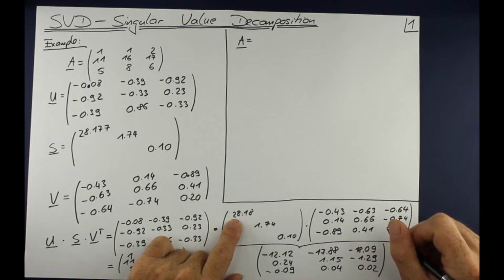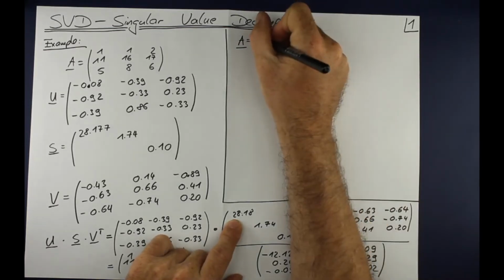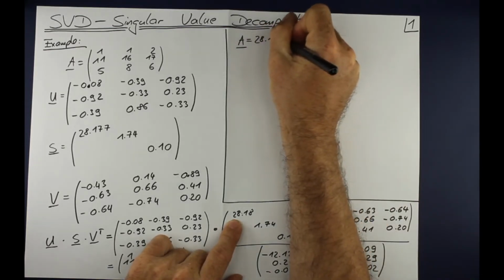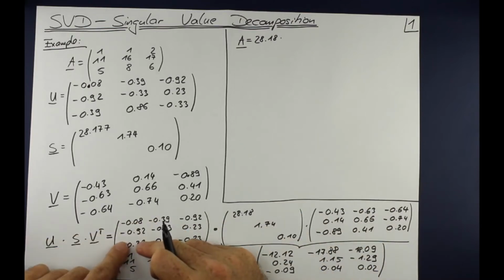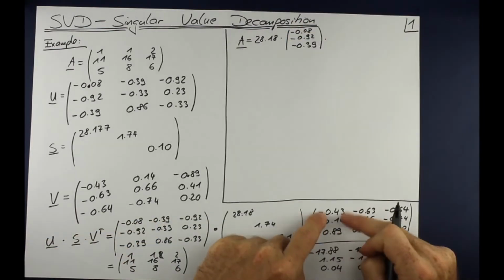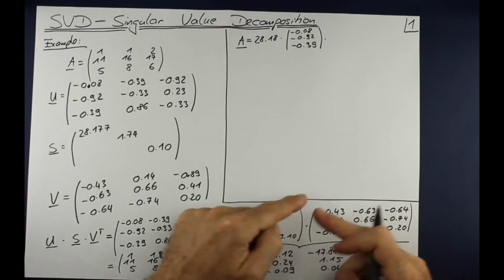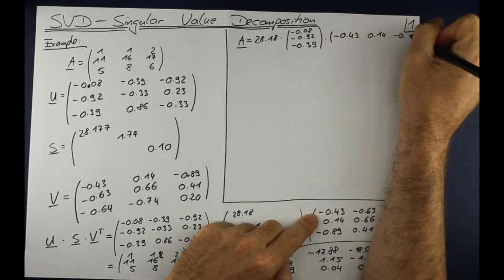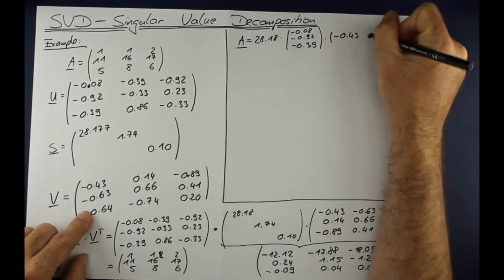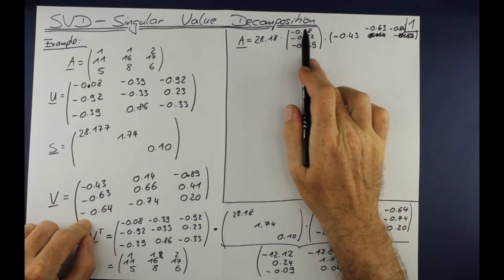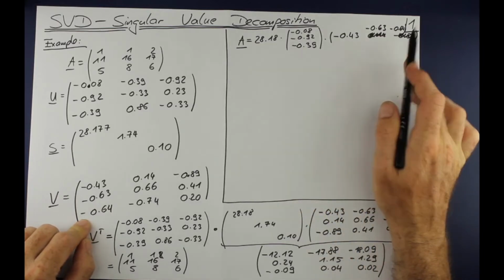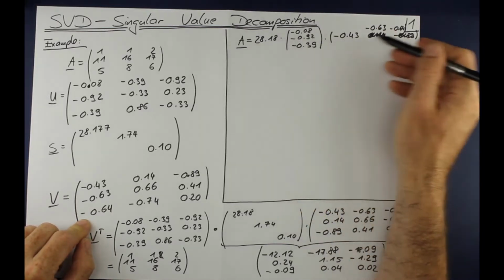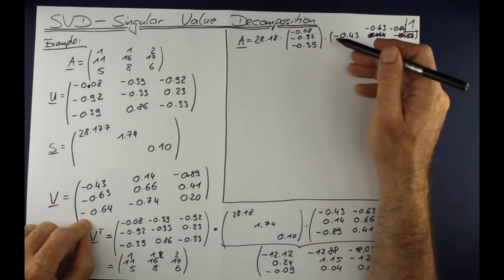Let's take the first singular value, which is 28.18, times the first column of U times the first column of V transposed. So this column times this line is a matrix. 3 by 1 times 1 by 3 is 3 by 3.